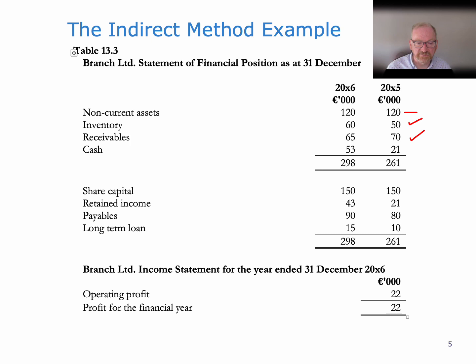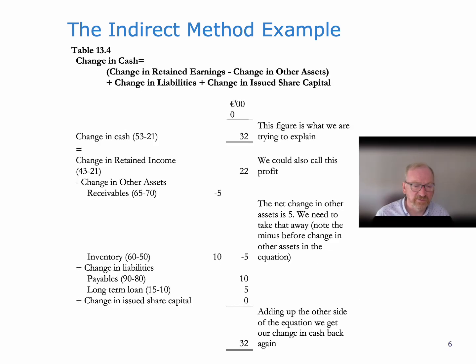Cash has gone from 21 to 53. So this is what we're trying to explain, this change in cash. Share capital stays the same. Retained income has gone up. Payables have gone up. And the long-term loan has gone up as well. Okay, so we're now going to try and explain how the cash changed using the equation that we had before.